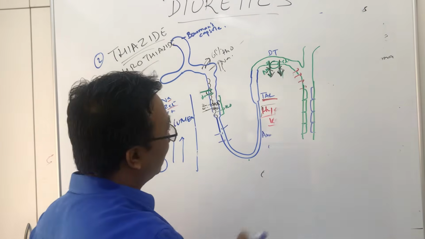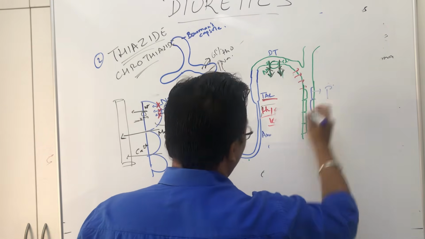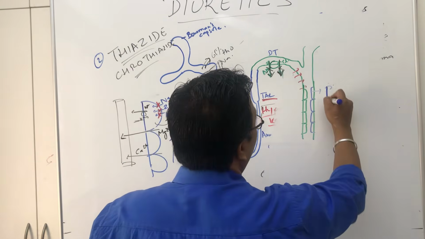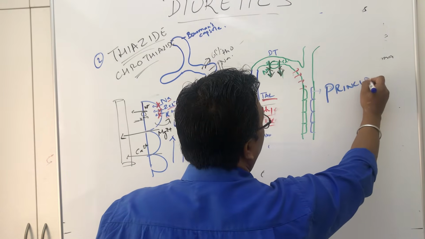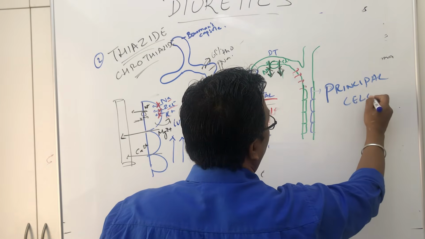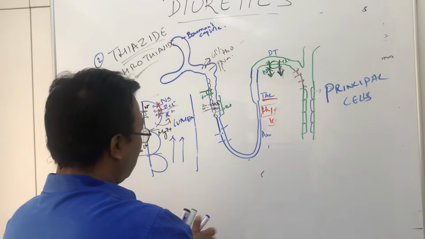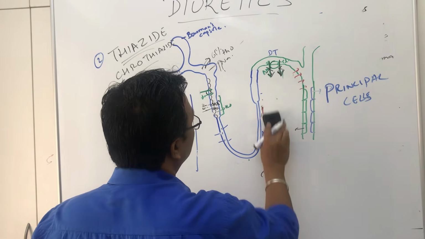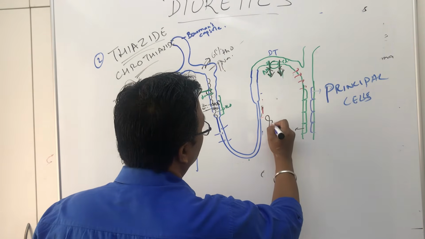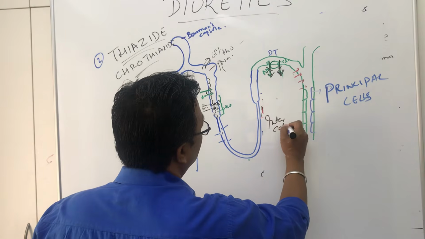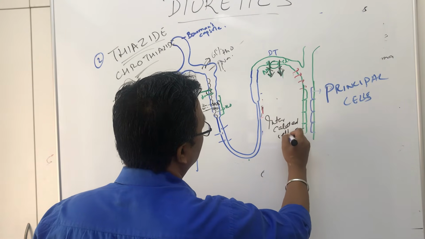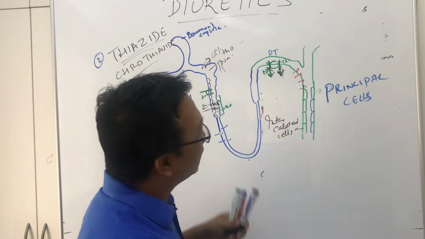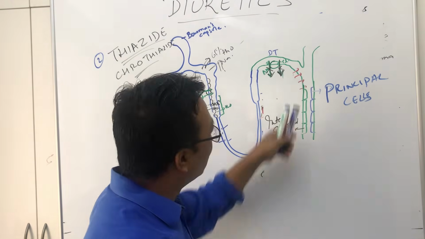So in the collecting duct, this is called principal cell, and the other is called intercalated cells. There are 2 varieties of cells in the collecting duct.